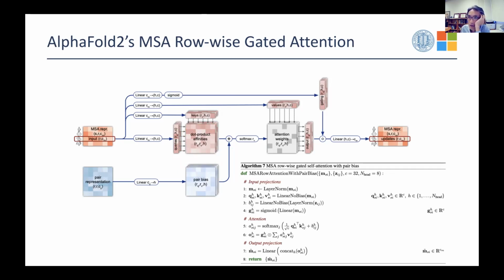Correct. So now we have that, and then we add the pair bias to it, and then we take the softmax. What does softmax mean here? Row-wise softmax, column-wise softmax, or entire matrix softmax? I think it's the entire matrix softmax.